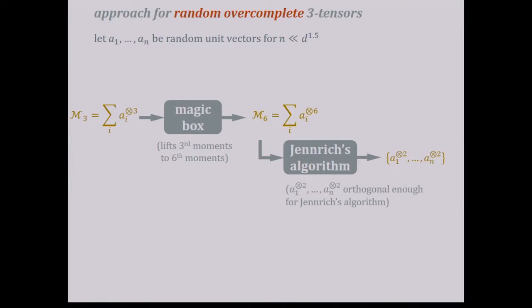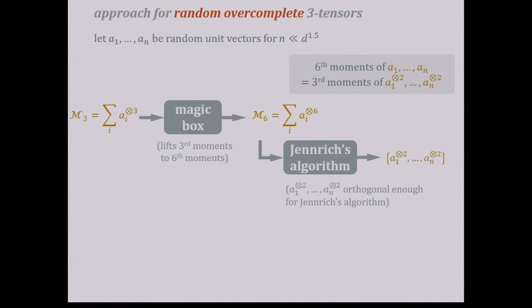Now, why would that be good? Well, you can think of the 6th moment of the distribution as the third moment of the uniform distribution over a_1 tensored with itself, up to a_n tensored with itself. Now if you choose a_1 up to a_n at random, then these vectors essentially look like random unit vectors in d squared dimension.